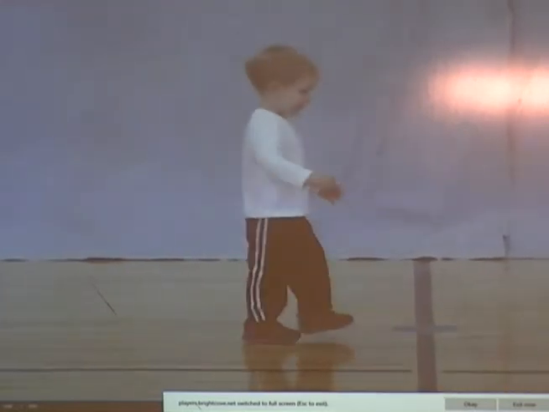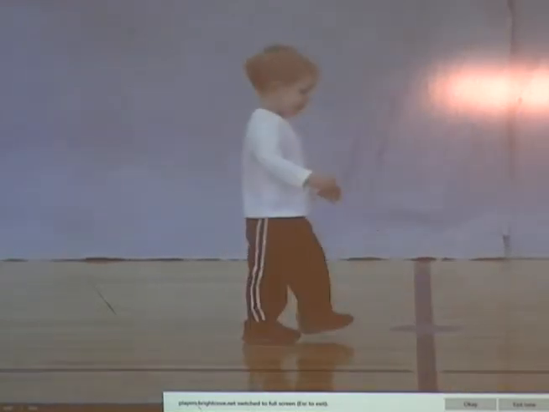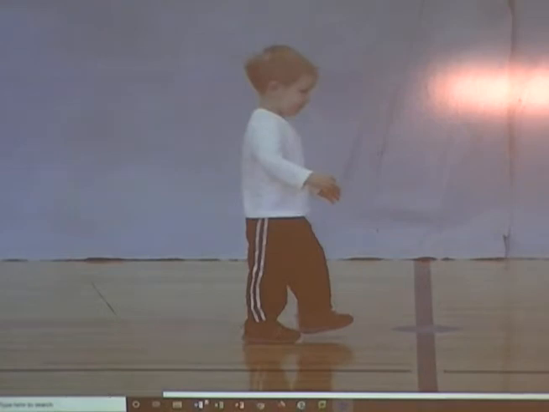All right, if you remember right back in week 1, we had a similar picture where the child is trying to kick a ball that's too big for them. Right?